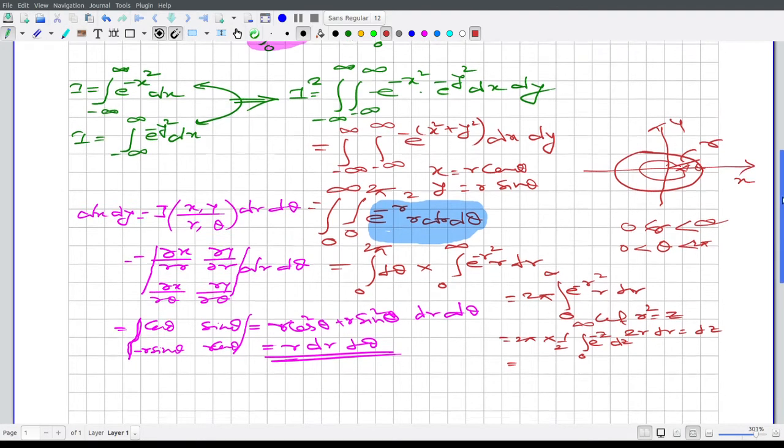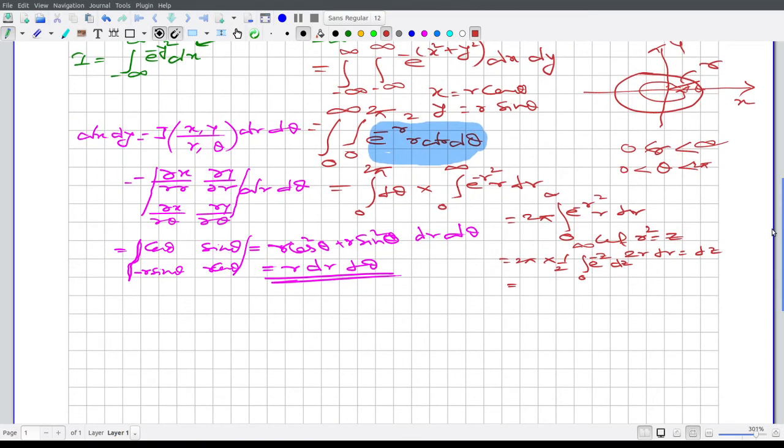This integral is very easy. After that I am writing 2 pi by 2, so this 2 should cancel, and it is pi times the integral of e to the power minus z dz.